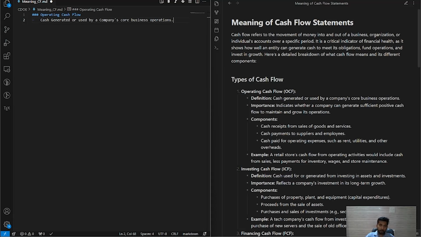For example, if I am making cloth, then the cash generated or used by me in order to produce that cloth will be considered as my operating cash.